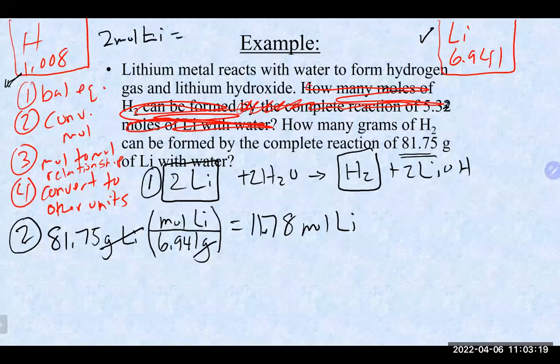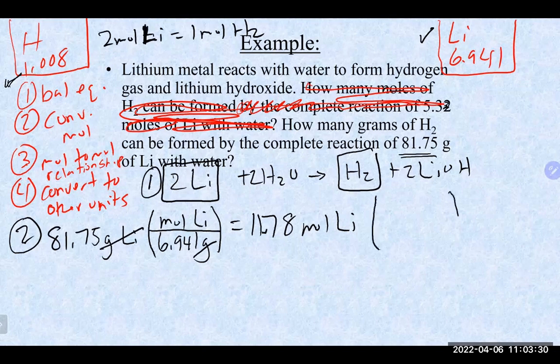Lithium to 1 mole of hydrogen. So we will have the same 2 conversion factors that we had in the previous step. So we will do that for our third step. And again, this really is the stoichiometry part. We want to get rid of lithium, so once again, we're going to put the moles of lithium on the bottom and the moles of hydrogen up on top.